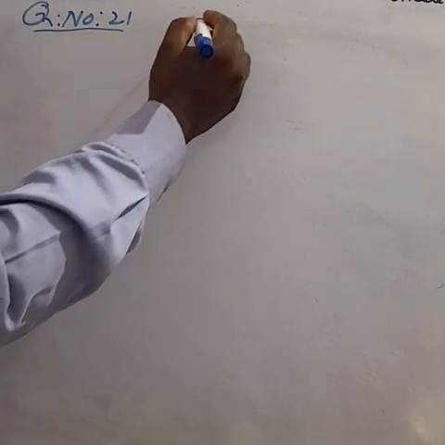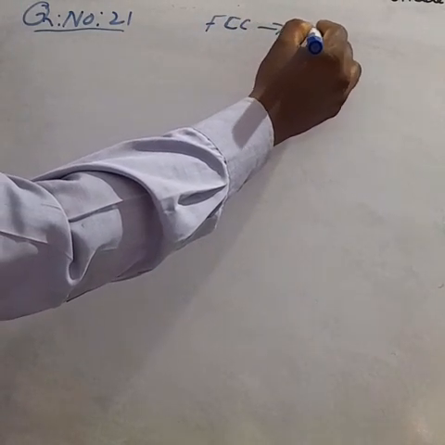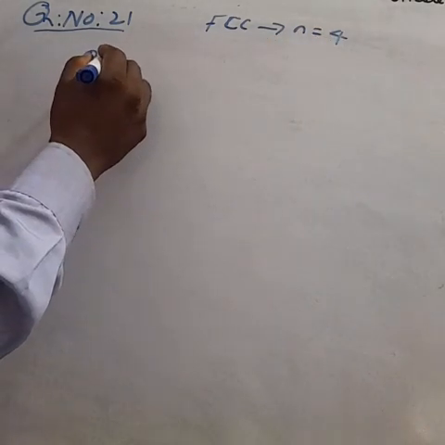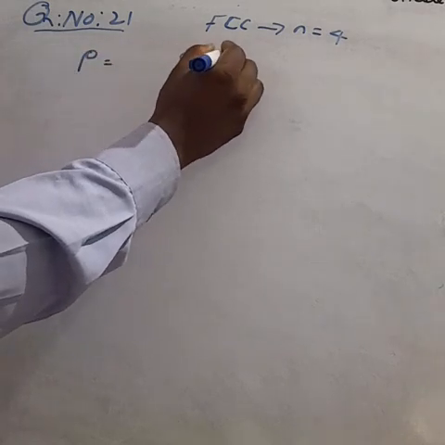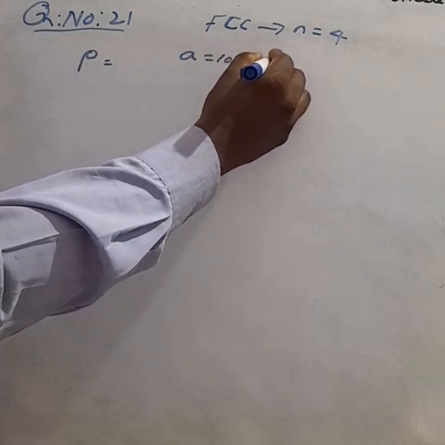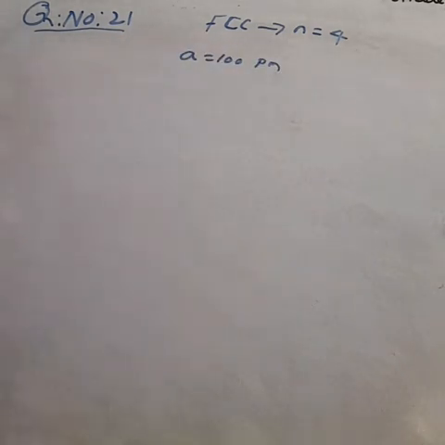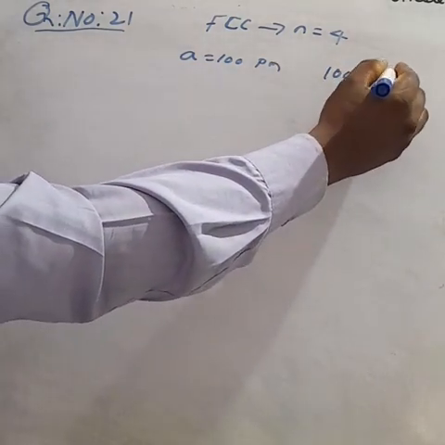FCC, face-centered cube, means n value is 4. Rho is 10 gram per centimeter cube. The given A is 100 picometer, converted to centimeter, 100 into 10 raised to minus 10 centimeter.